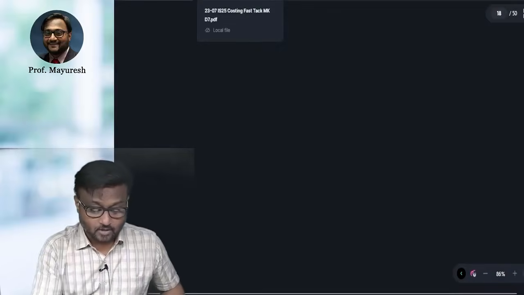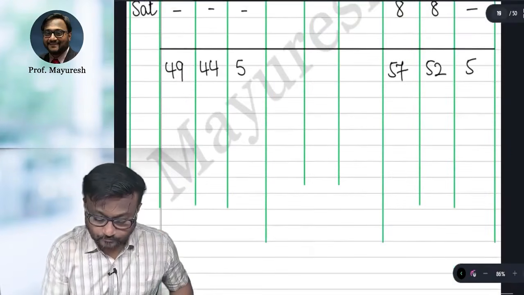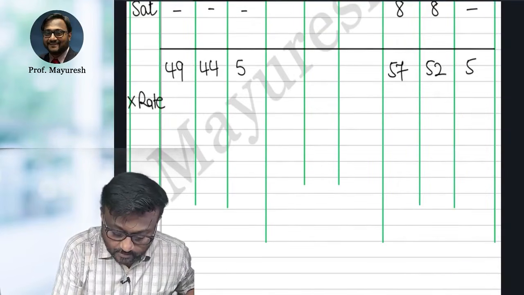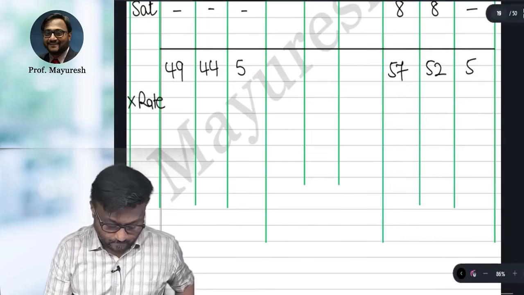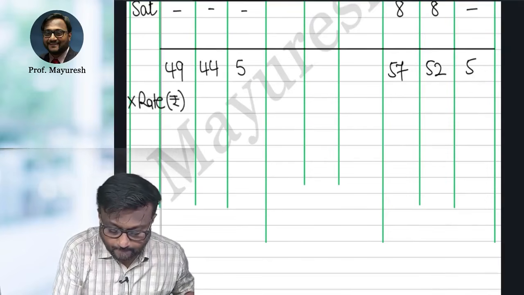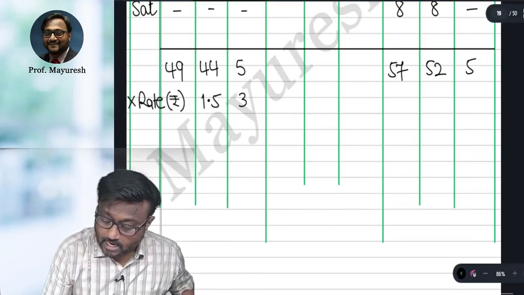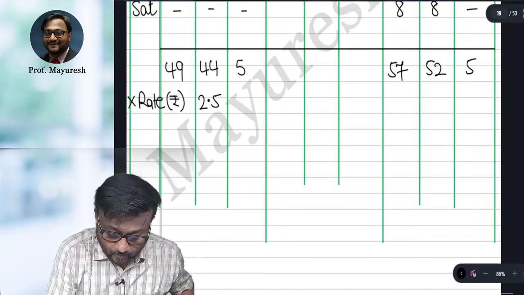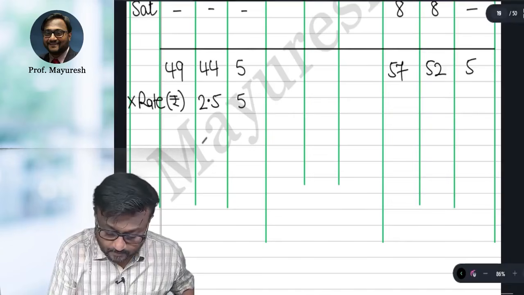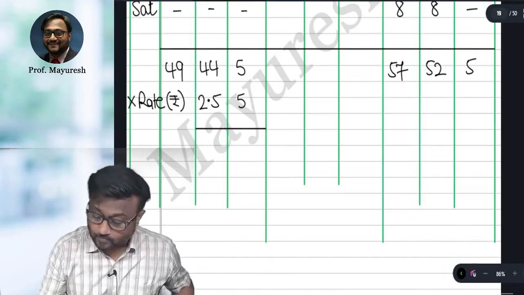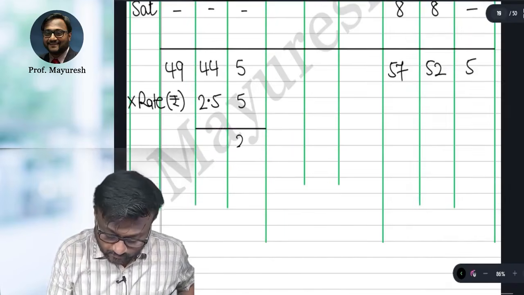Understood? So we will have to multiply by rates everywhere. What is worker A's rate? 1.5 and 2.5. Am I right? 2.5 and 5. Am I right? Yes or no? Okay, so this is 25.